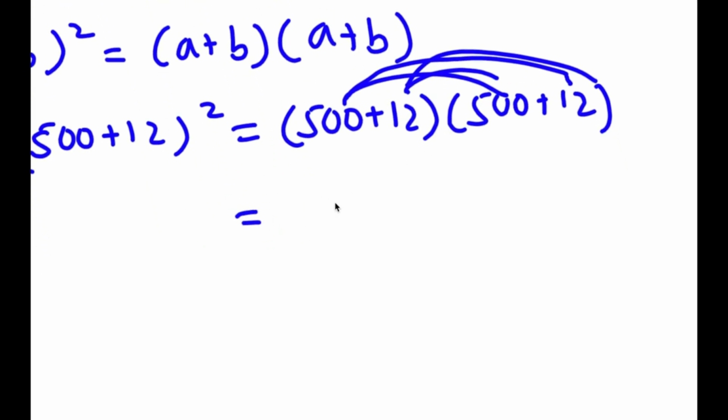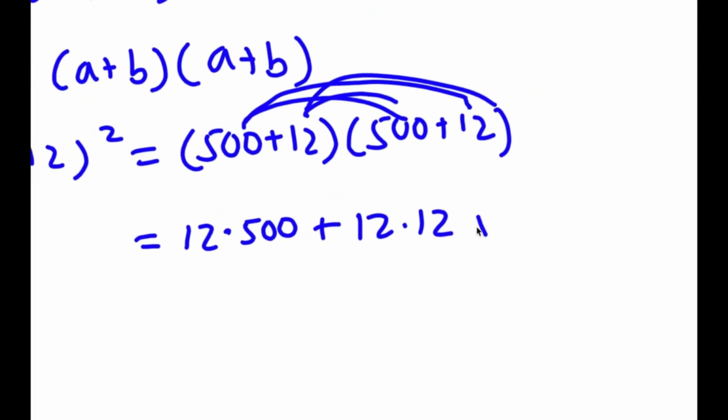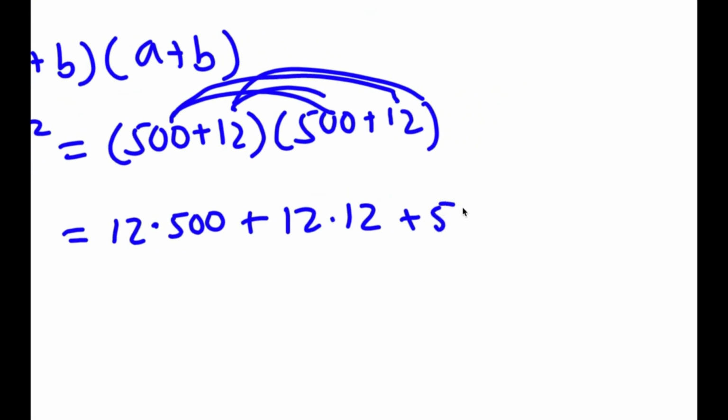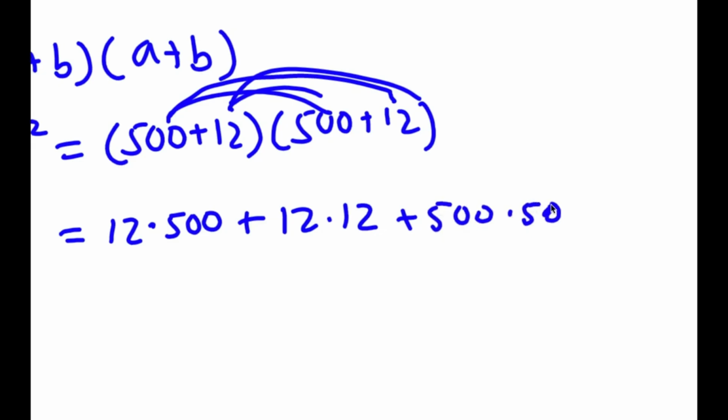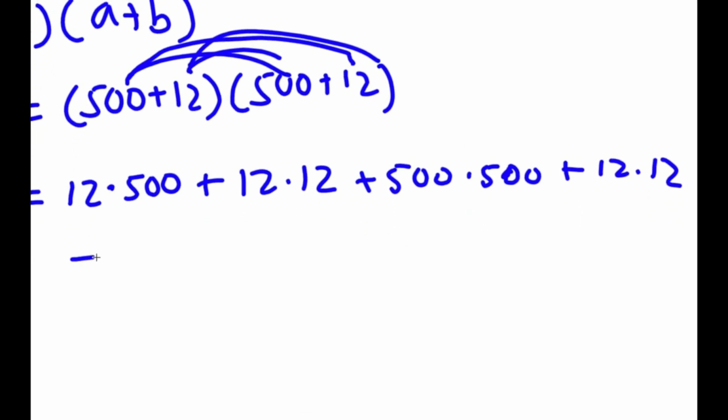So I get 12 times 500 plus 12 times 12 plus 500 times 500 plus 12 times 12 again. Now 12 times 500 is going to equal 6,000, plus 12 times 12, which is going to equal 144.